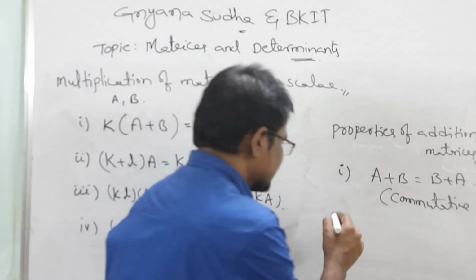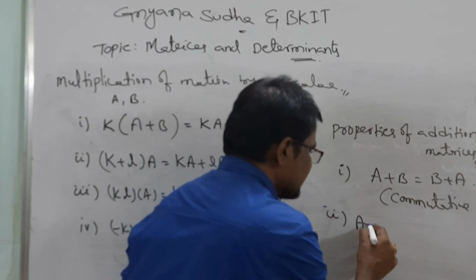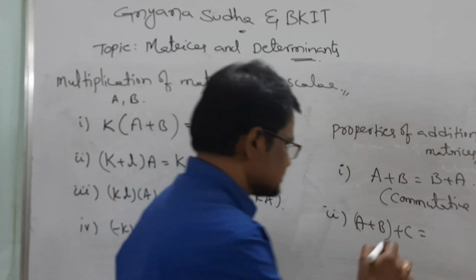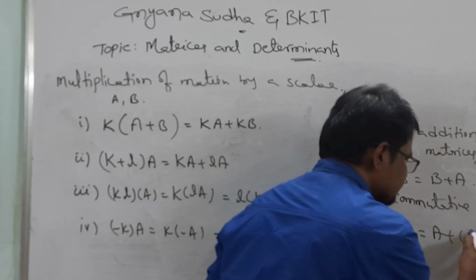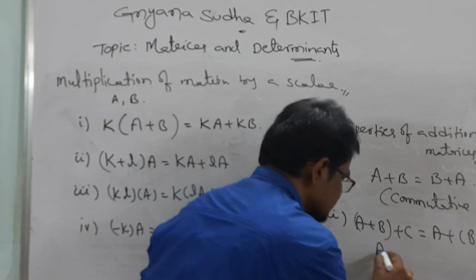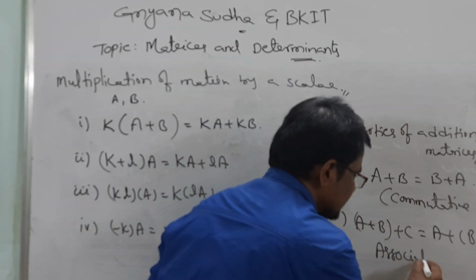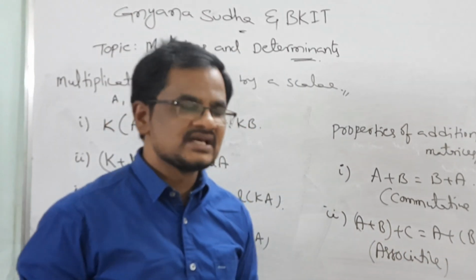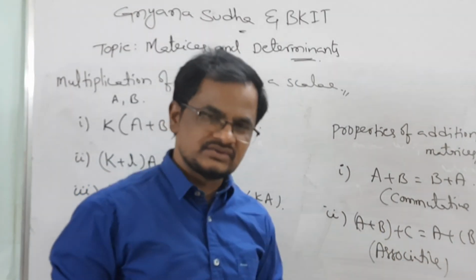Second one is (A plus B) plus C can be written as A plus (B plus C). For this also one name is there, that is associative law. Means matrix addition holds the associative law also.